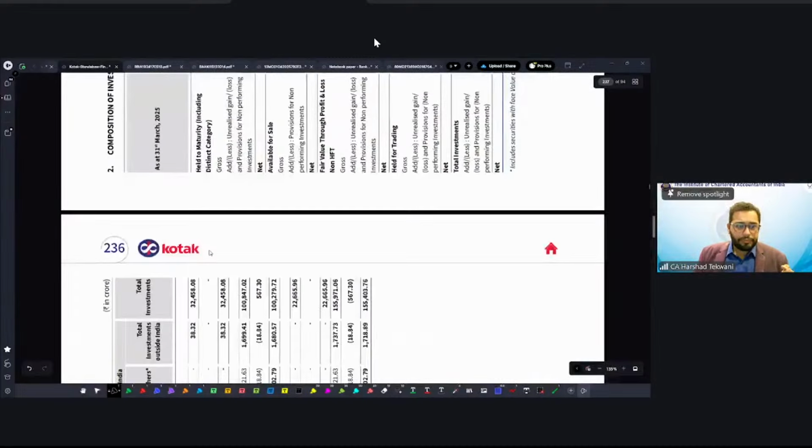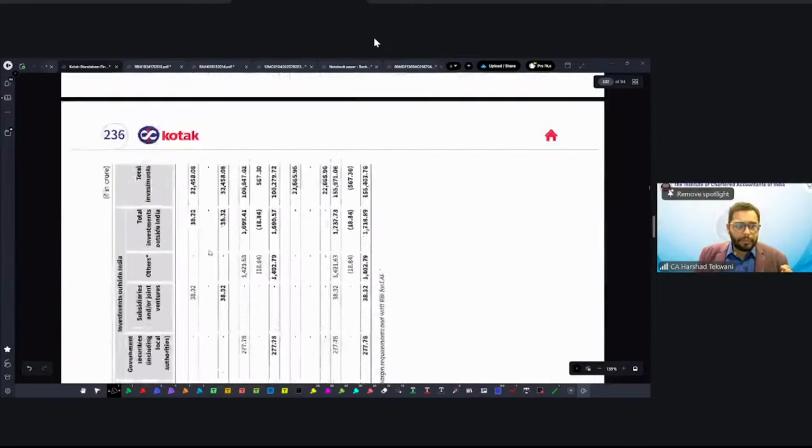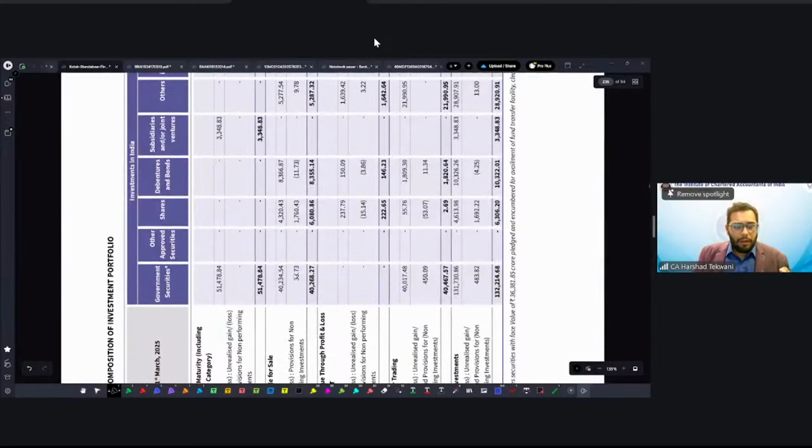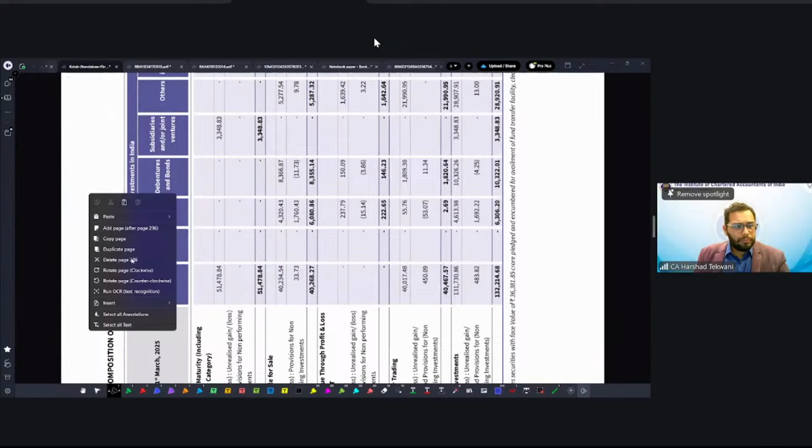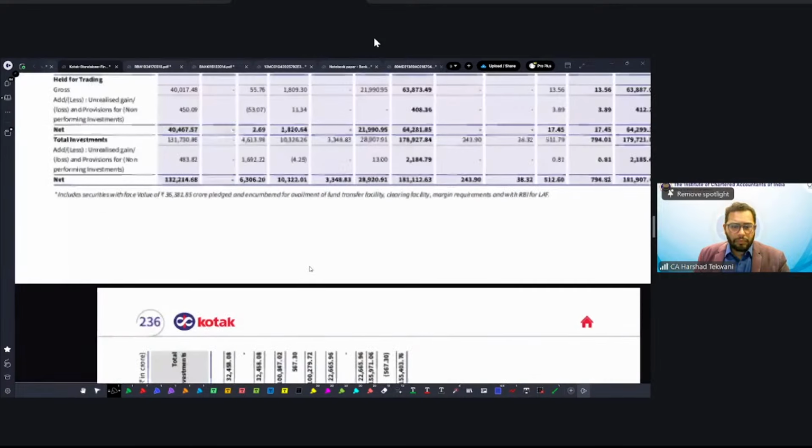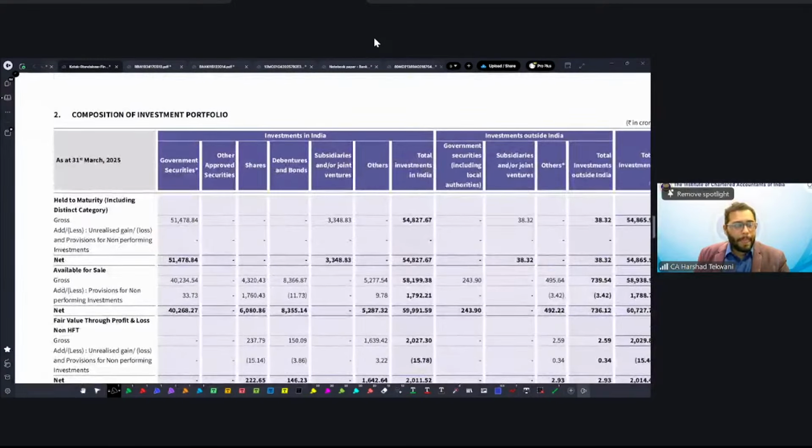Let me rotate it for you. This is the composition of the investment portfolio included in your FS, which includes held to maturity as a distinct category.